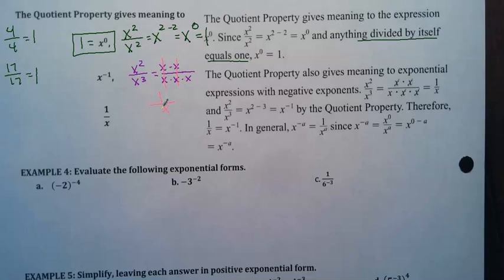But if I look at the math part of this, that's what this x to the negative 1 power is. Because if I do x squared divided by x cubed, and I say, oh, that's x to the 2 minus 3 power, well, that equals x to the negative 1. So x to the negative 1 is actually equal to 1 over x.